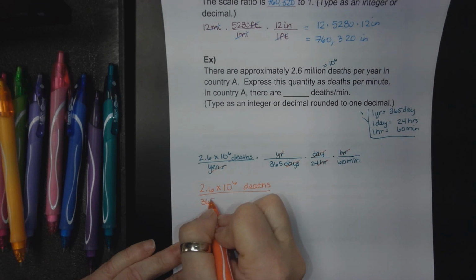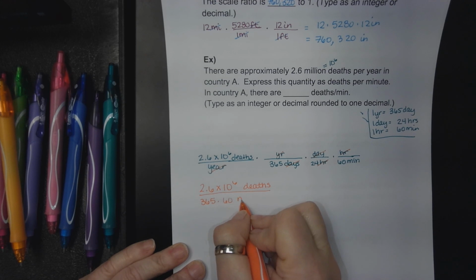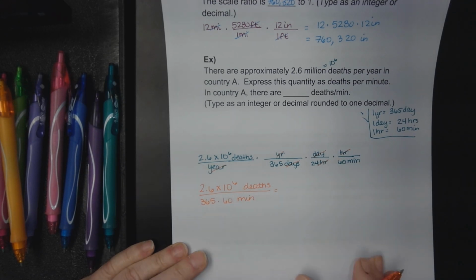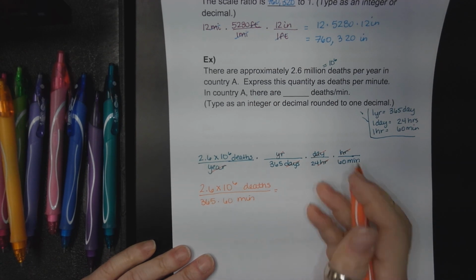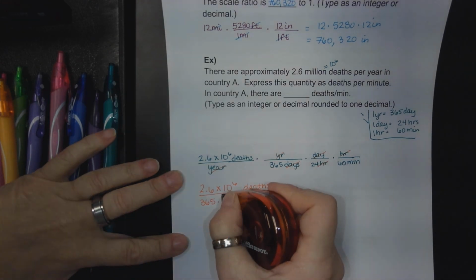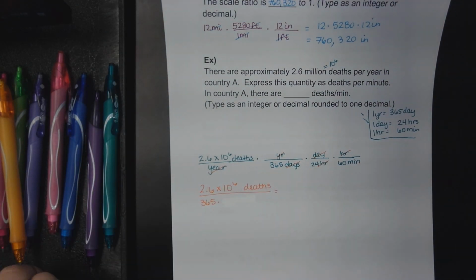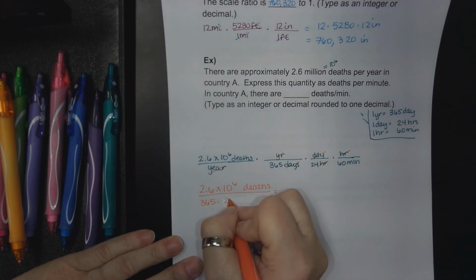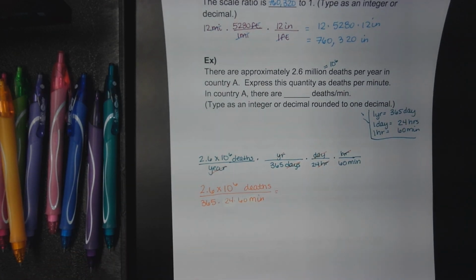We have 365 here, and then times 60 minutes. Oh, and I have 24. Shoot. I just skipped right over 24, my bad. No, that's right. Okay.